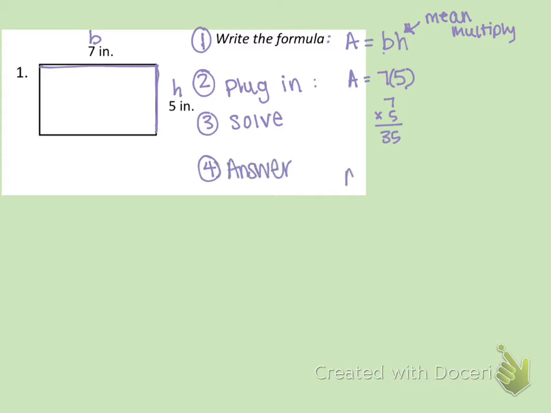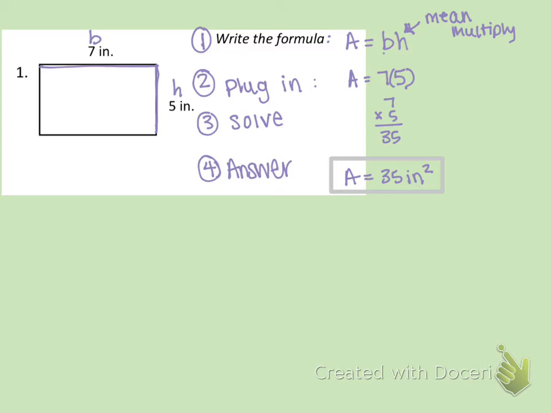Okay, so then A equals, we always write A equals on all 3 steps, so you should see A equals 7 times 5. And that's 35, and then your inches, and then squared. So when we are solving for area, it's always units squared when we write our final answer.